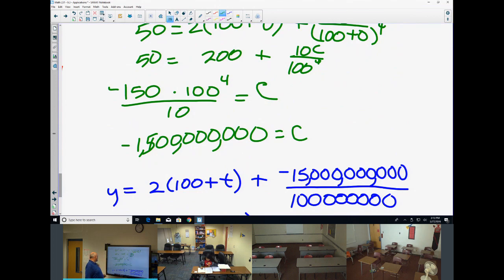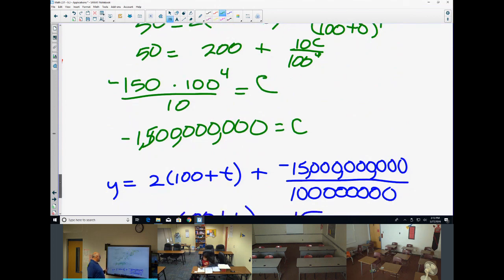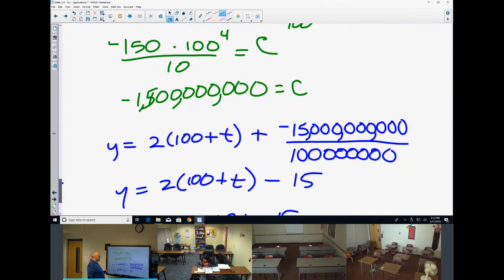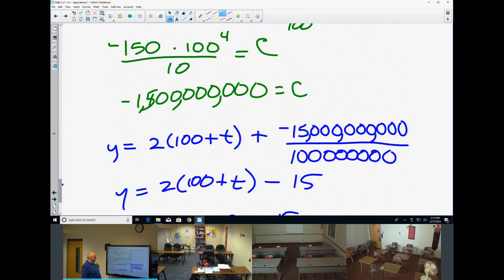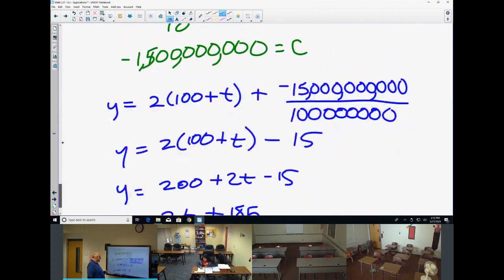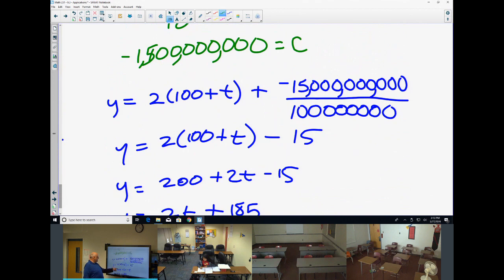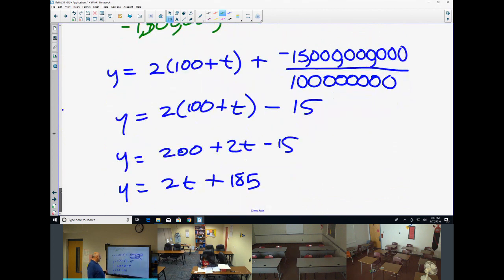It ends up simplifying down to minus 15. Now I can simplify and combine like terms, and I get y equals 2t plus 185.